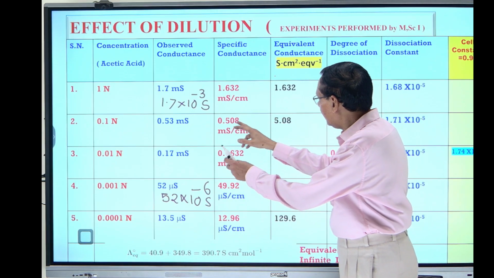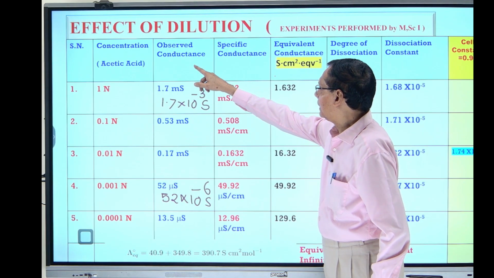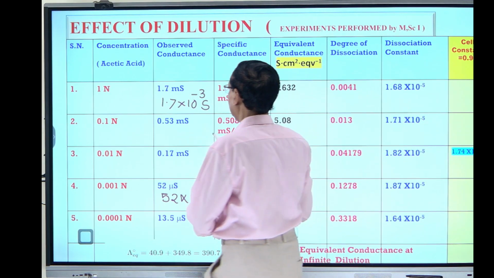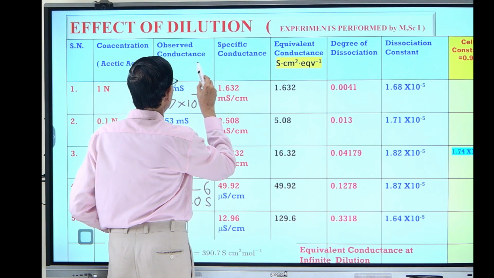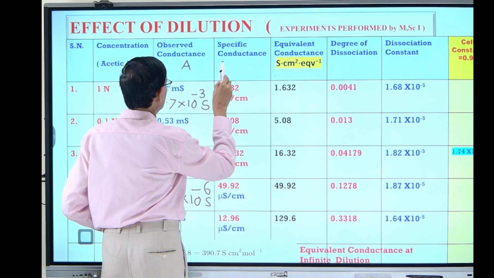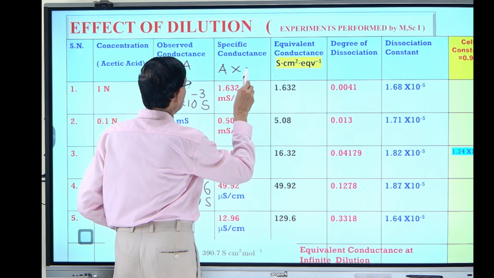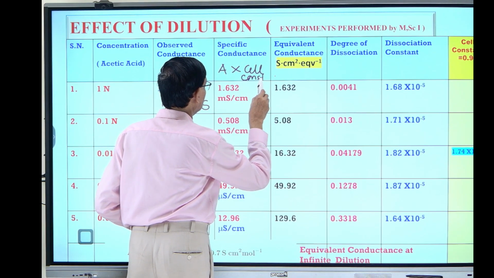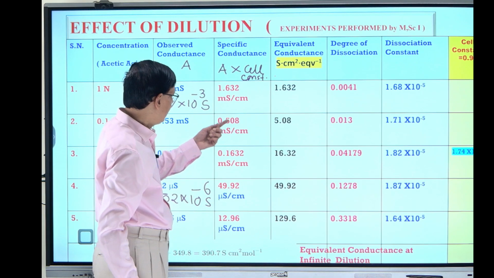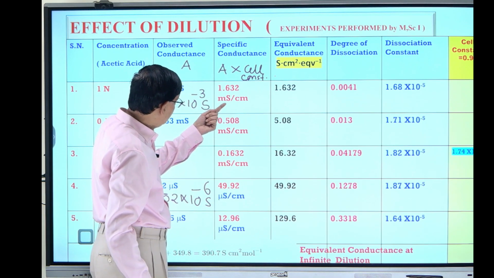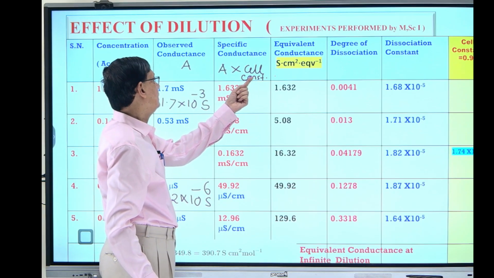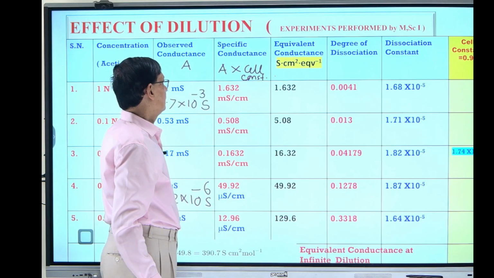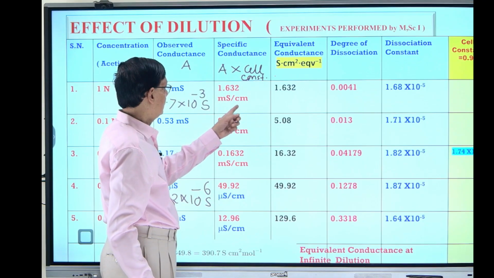So there is a slight difference, देखिए, because observed conductance multiplied by the cell constant, maybe 0.9 like that. तो आप देख रहे हैं कि here also, because the cell constant unit is centimeter inverse also.